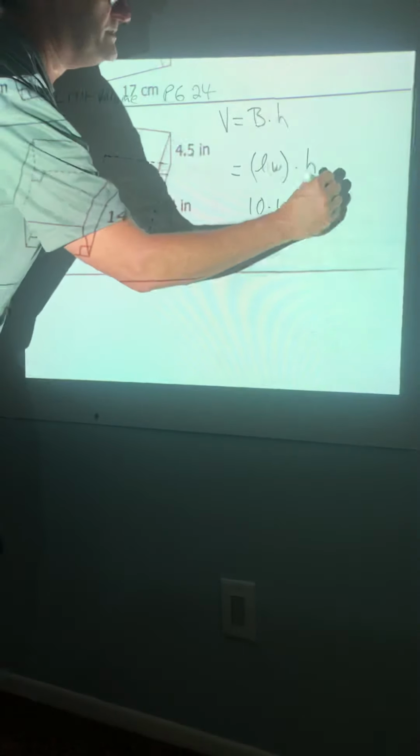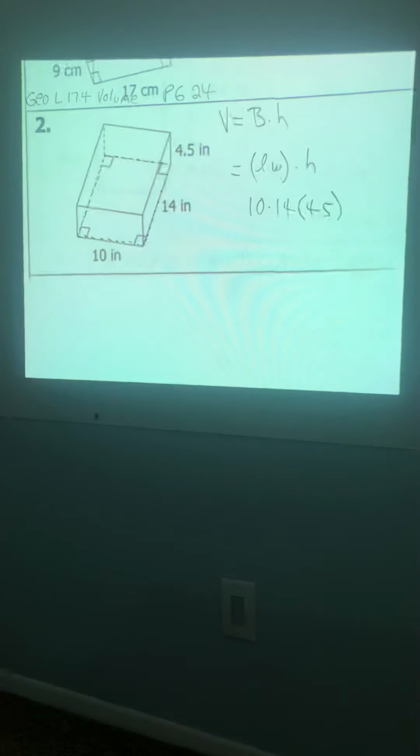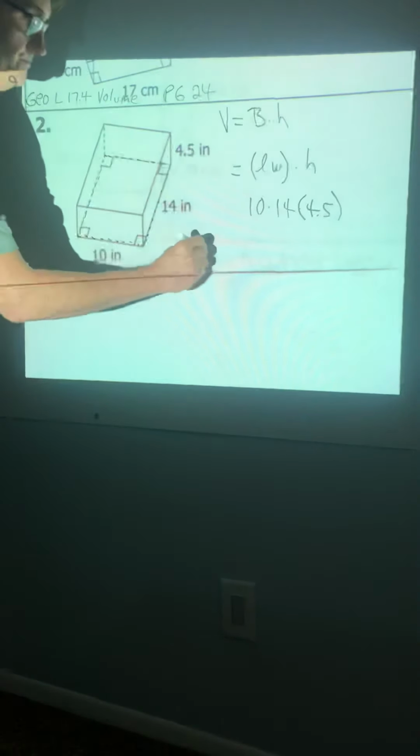If you're finding this easy, I like hearing that, because again, if you have the right formula, you know this is a rectangular prism, and you know we're finding volume, you're good to go. So now I go 10 times 14 times 4.5, and I get 630.